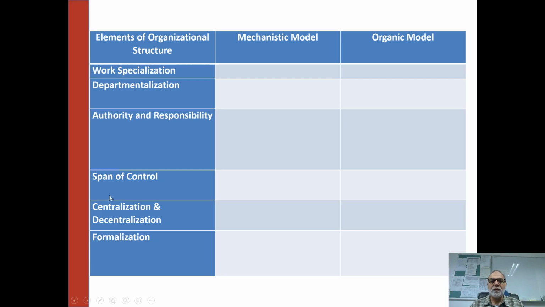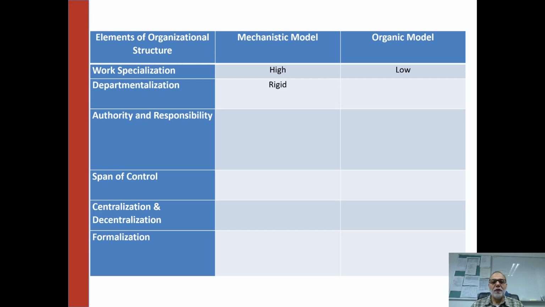We have the mechanistic model and the organic model, and we will see how these elements compare. Work specialization is high in the mechanistic model, and low in organic models.